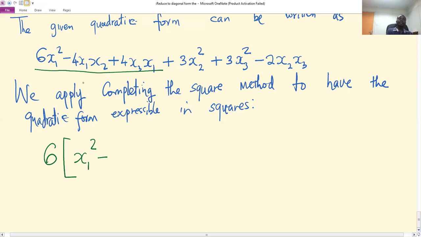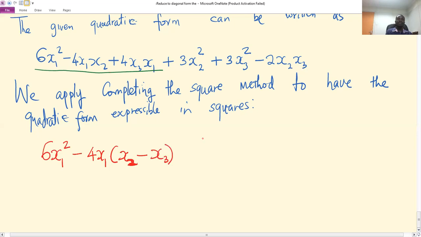I remember even before I put 6 outside the bracket, so let me just do it step by step. I can have this one as 6x1 squared minus 4x1 into x2. And then when I factor out -4, then I must have a negative sign here, so that when I open, I still get back my positive sign.